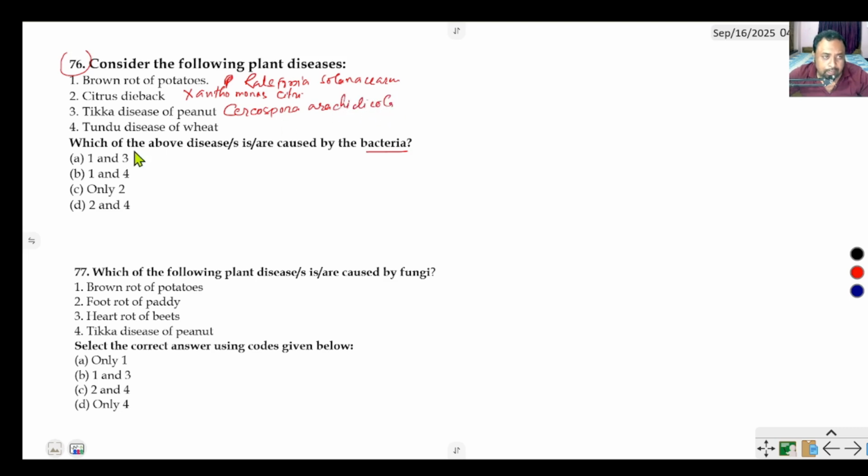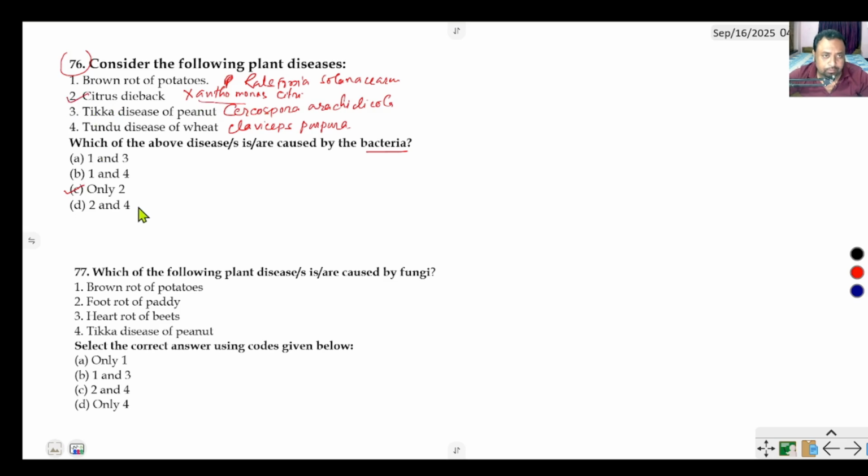And tundu disease of wheat is caused by Claviceps purpurea. So the correct option of this question is option C. That is only 2. Xanthomonas citri is the only bacterial disease.